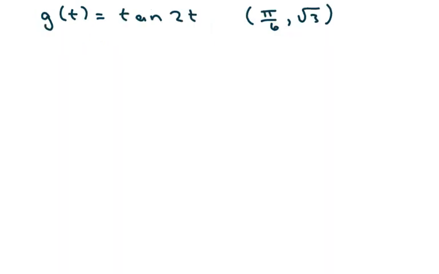The last one we have is tangent. Okay, so we're going to take the derivative of tangent of 2t, and that's going to be derivative of tan of 2t is secant squared of 2t, and then you also take the derivative of your inner function, which is 2t. The derivative of 2t is just 2.